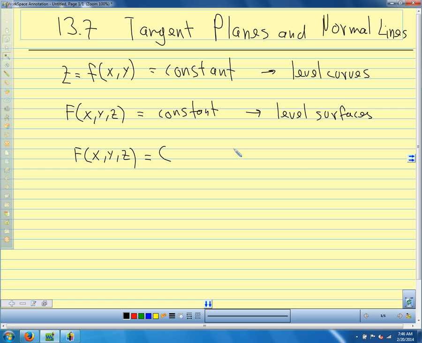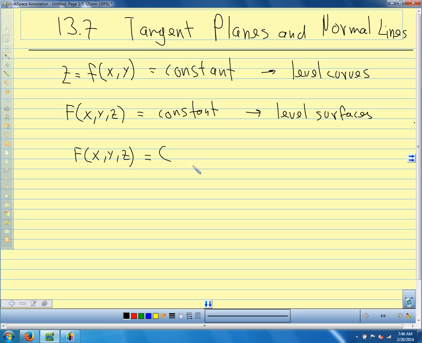What we want to do is come up with a way to talk about tangent planes to surfaces, like we talked about tangent lines to curves. So this is how we're going to go about that. We have the surface f of x, y, z equals a constant, and we're going to have a curve on the surface.